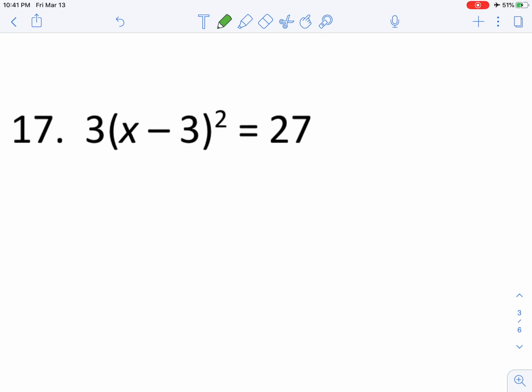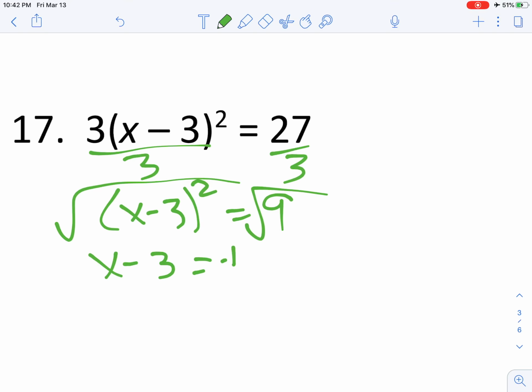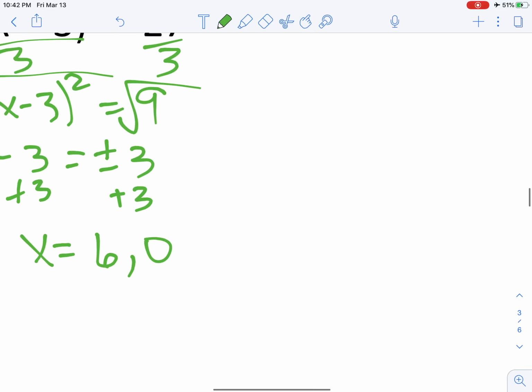This one. Divide both sides by 3. X minus 3 all squared equals 9. Take the square root. Get x minus 3 equals plus or minus 3. Add 3 to both sides. Get x equals 6 and 0.